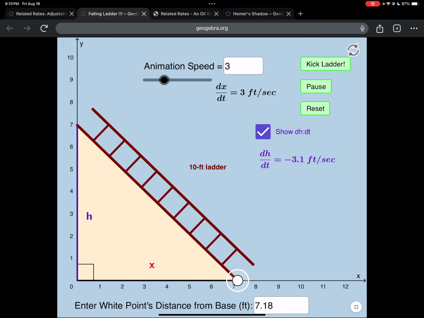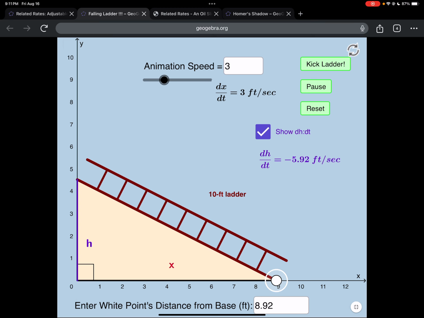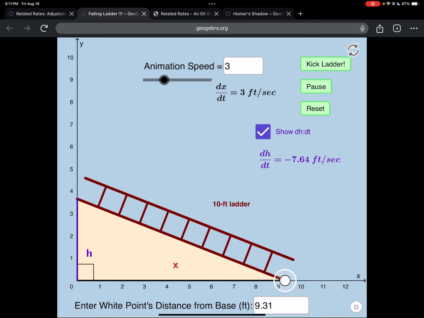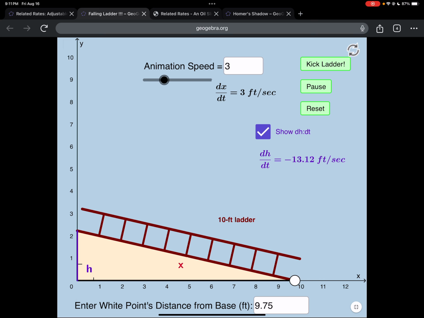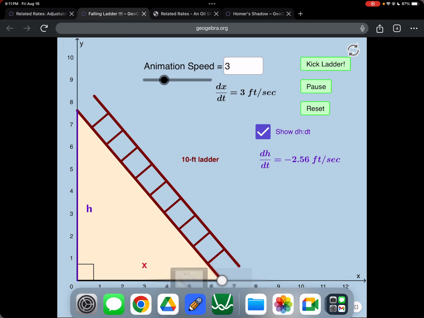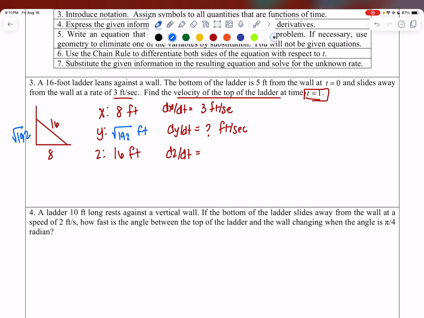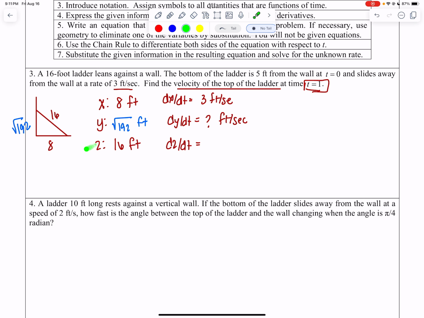Notice what's not changing, though, is my ladder. It's still going to be the same length no matter what in this scenario. So looking at my problem on number 3 here, my ladder is still going to be 16 feet no matter what, as I move from the right here, and as I move down here. So dz/dt is just going to be 0.